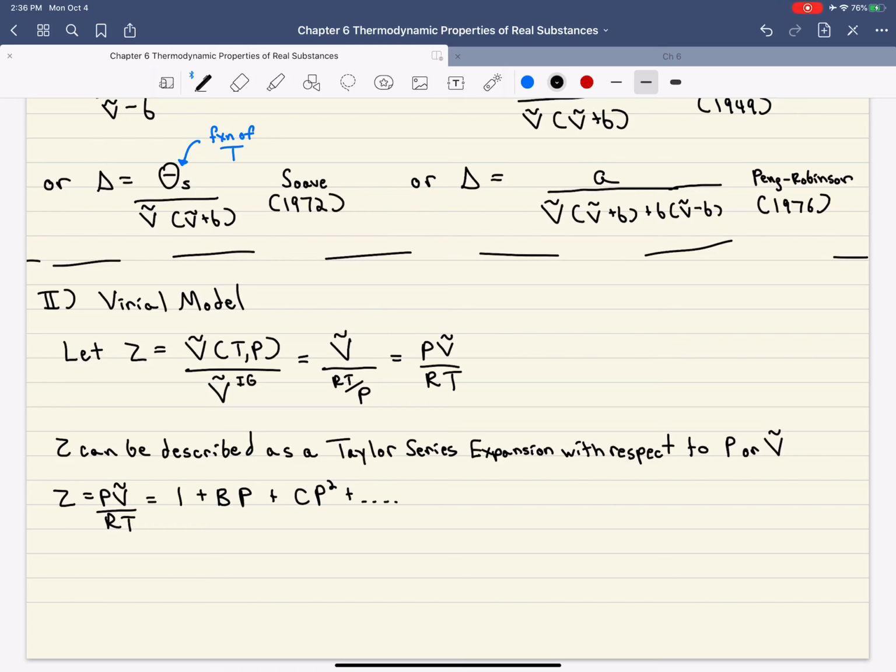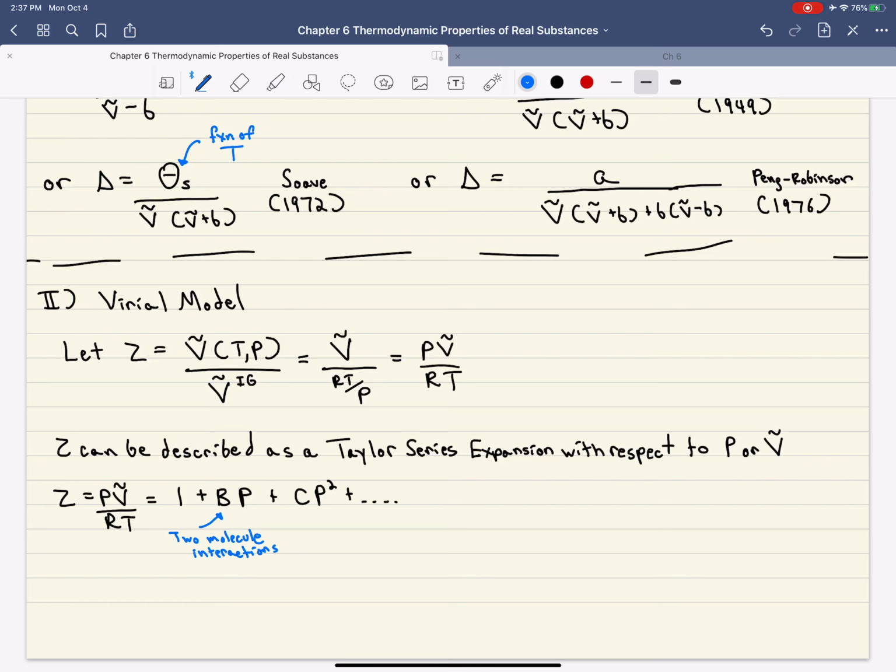These coefficients that we have here, what they would be describing is, we did a Taylor series expansion, so this is just kind of like a math trick. But as far as the physics, what these mean is this B parameter is describing the interactions between two molecules.